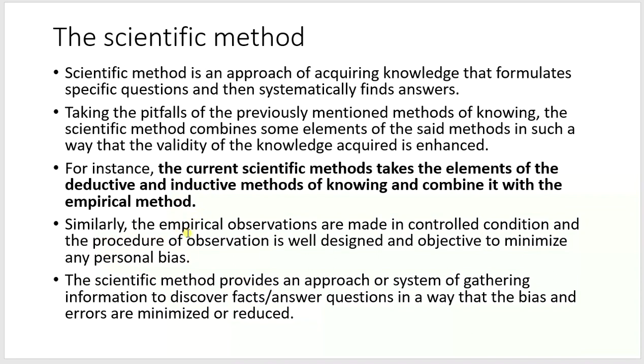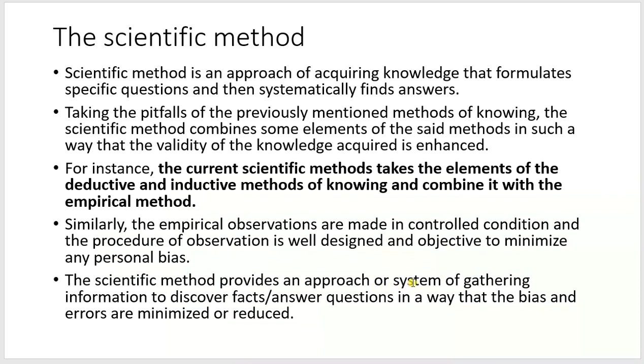So when we follow the empirical method under controlled conditions, then this empirical method becomes the experimental method, and this method will provide more objective results with minimal personal biases. So empirical observations under controlled conditions are used by scientists, and this is one scientific way of knowing.